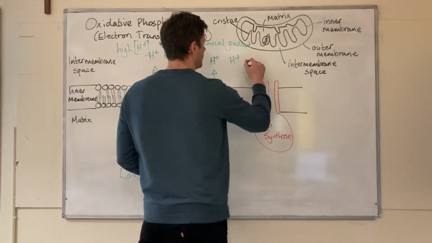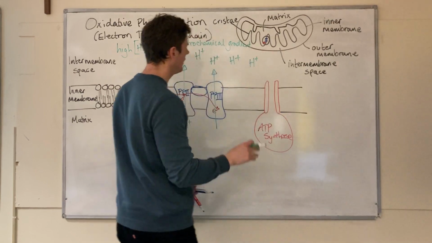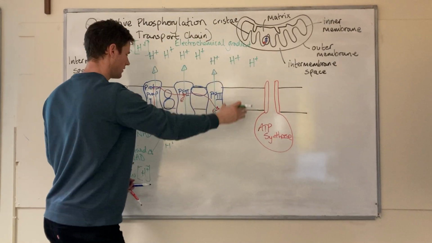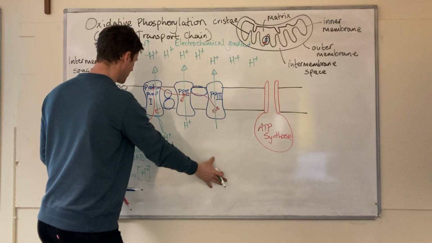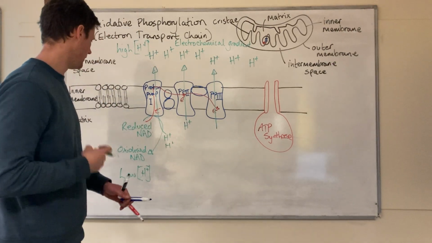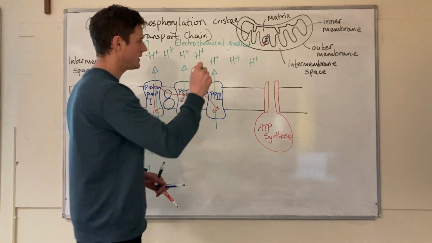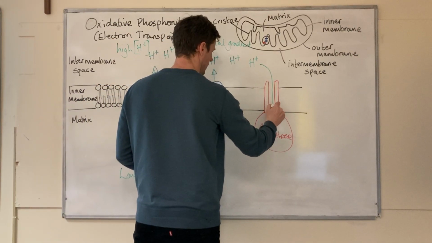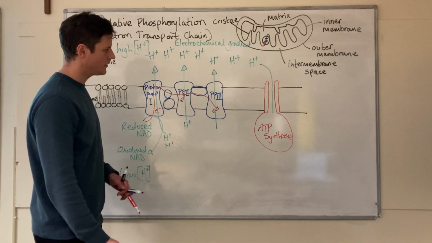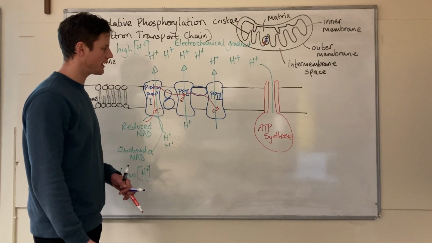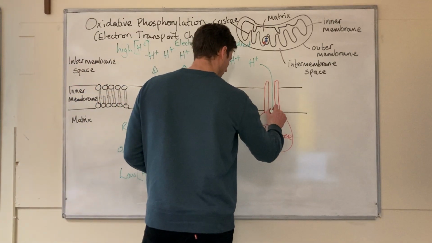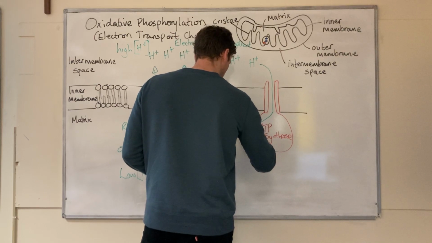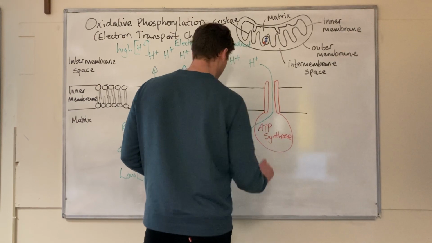This accumulation of protons at a high concentration compared to the low concentration in the matrix means that the protons pass down their concentration gradient, through the protein channel, and pass over the ATP synthase.